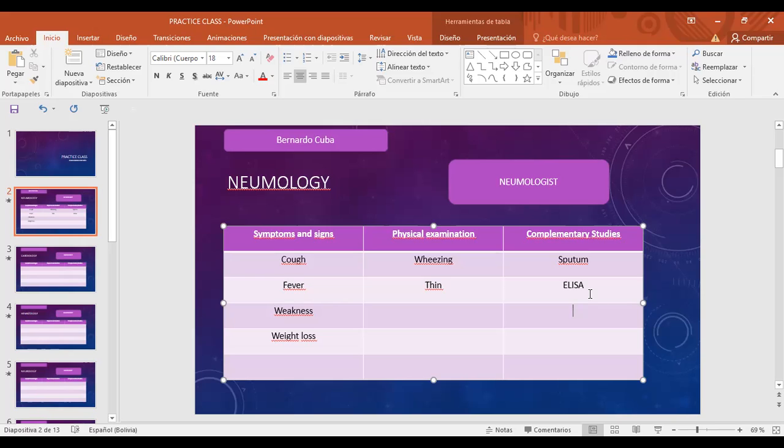Okay. Anything else besides lab studies? Maybe some, ah, Rayos X of the thorax. It would be this way. X-ray. Okay. So this is an X-ray, right?